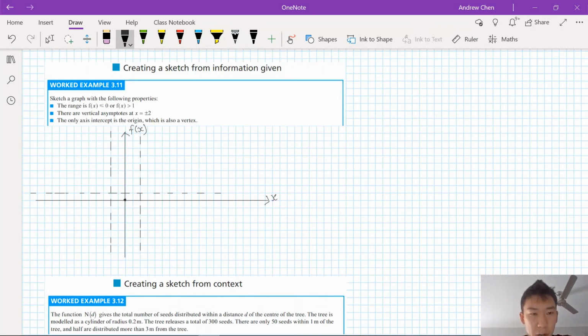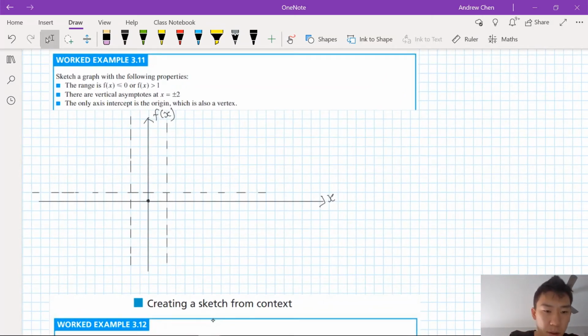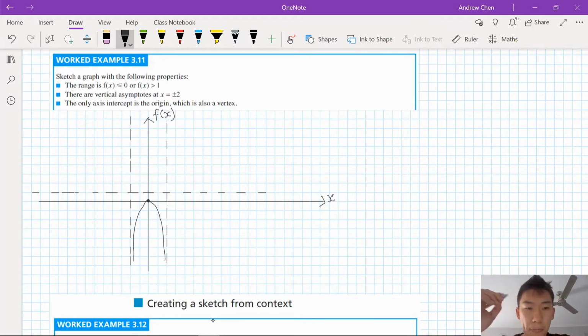That means if our point here is a vertex, the only way it can go is something like this. Because if the function doesn't exist from 0 to 1 in that little section, then this vertex can only be a maximum.